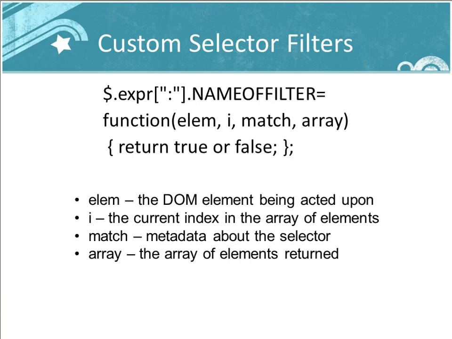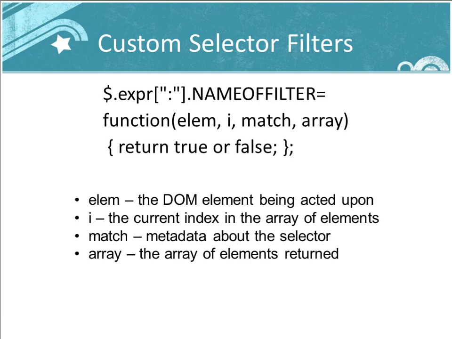It's effectively a collection of things that match our selector filter. So I is the current index of that entire array. So when you run your filter, the filter is run against a resulting set that matches a criteria, that matches a pattern. So I is the index of the element that we're acting upon within the whole array.